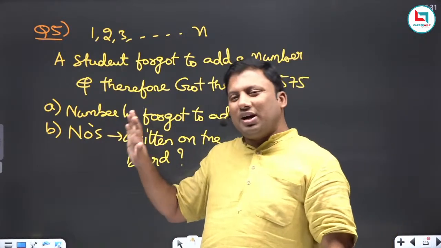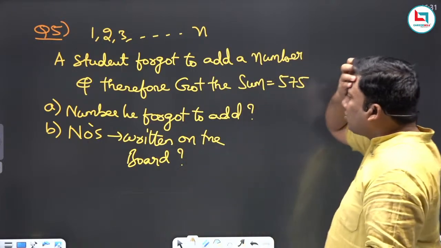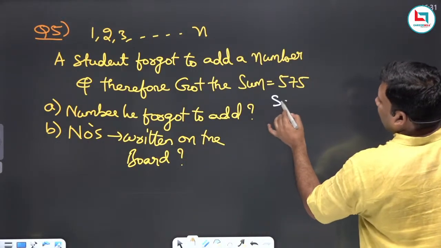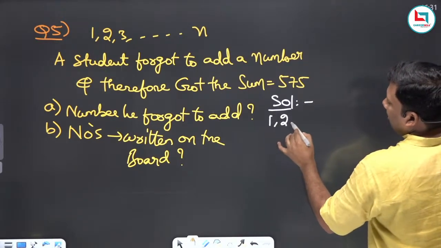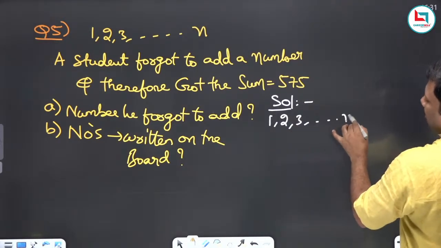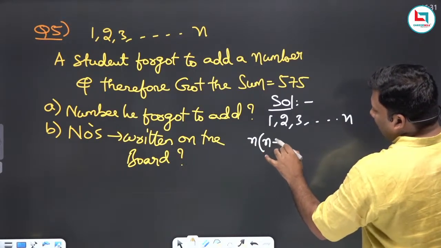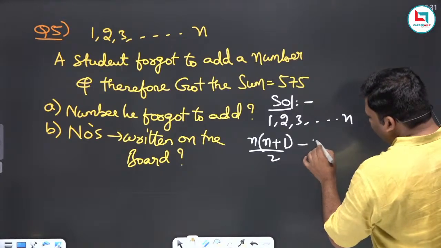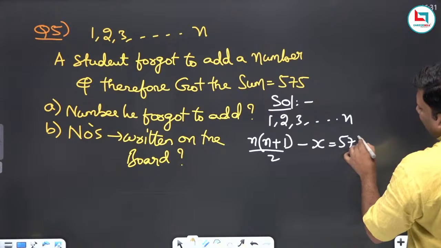This question is similar to that question. If you have understood the earlier question, this question also has the same modalities. I will solve the solution here itself. What are the numbers on the board? 1, 2, 3 till n. The sum of these numbers will be n into n plus 1 by 2. He forgot one number, so it is minus x. The sum is 575.